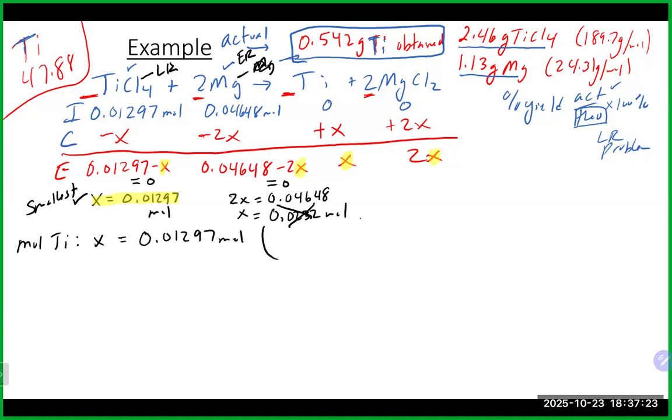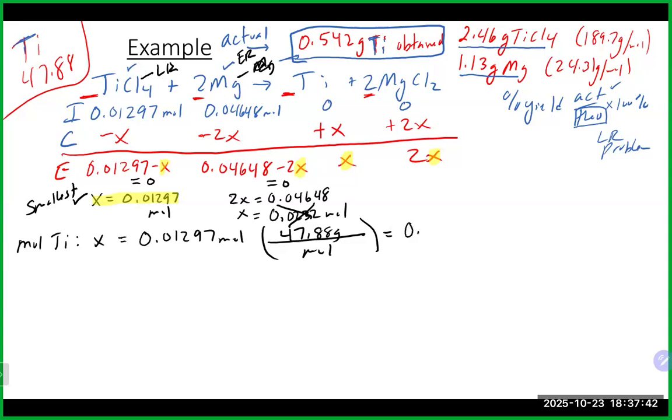We then could use the molar mass of Ti from the periodic table, 47.88 grams per mole, to convert that into grams. The reason we want to do it in grams is our actual yield is in grams, right? So we want to make sure the units are the same, and they do need to be the same.